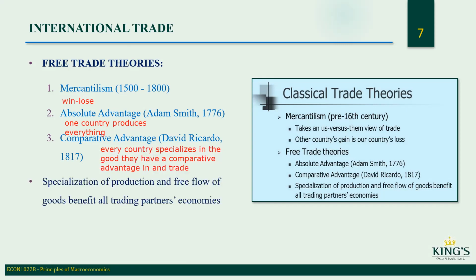And then specialization of production, free flow of goods benefit all trading partners' economies. So the comparative advantage approach is the best of all these three theories. It is the best free trade theory. It is the most efficient.